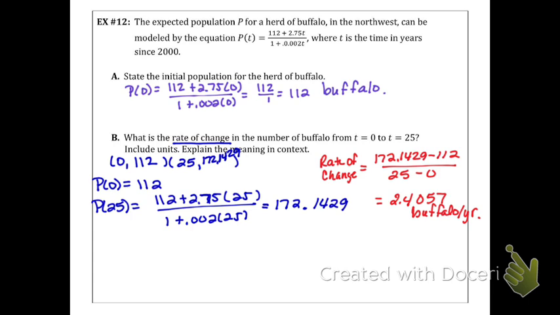It means that the buffalo population is increasing by approximately 2.4 buffalo every year for the first 25 years.